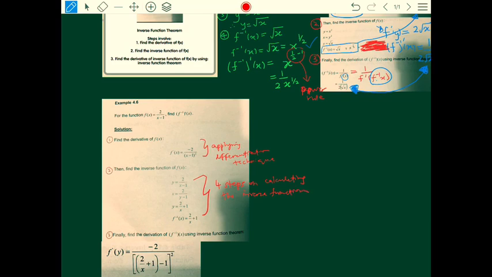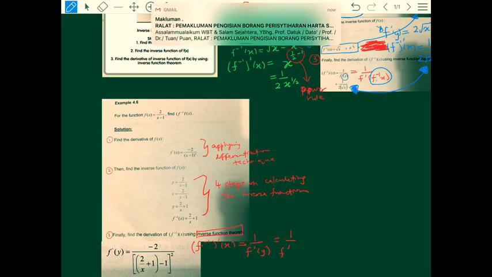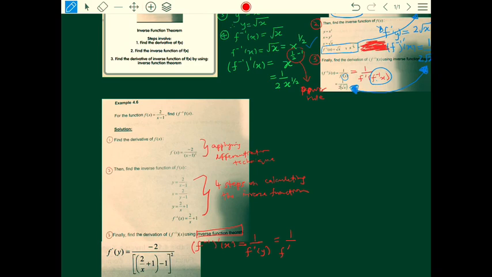Finally, by using the inverse function theorem, if you write it down carefully, the derivative of f inverse equals 1 over f prime of y, or equals 1 over f prime of f inverse.